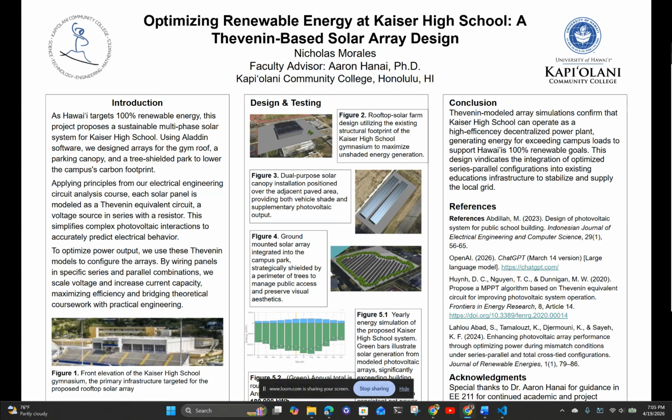So we're able to get a more accurate prediction on not only how much energy we'll be able to generate, but when is the most important time to use that energy that we have stored.